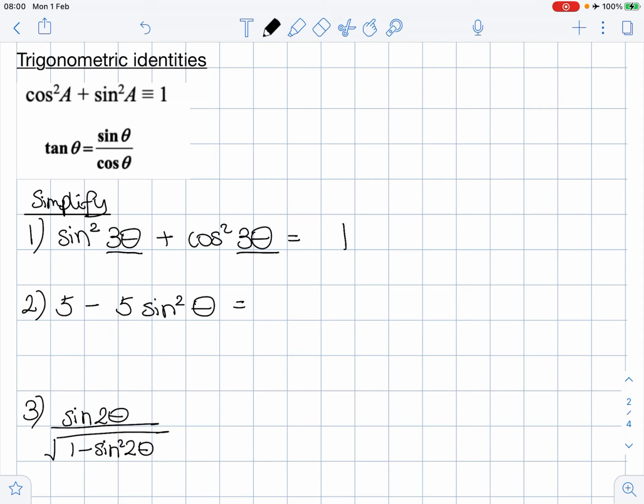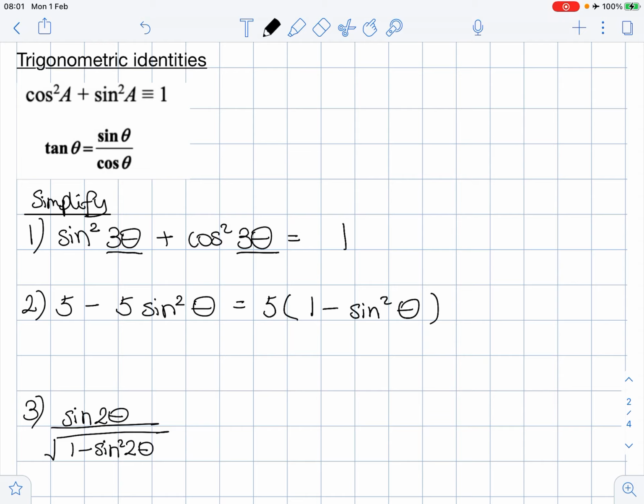And the second question, we have 5 minus 5 sin squared theta. We can factorize this. We can take 5 outside the bracket. Then we have 1 minus sin squared theta. From our identity, we know that cos squared a plus sin squared a is the same as 1.